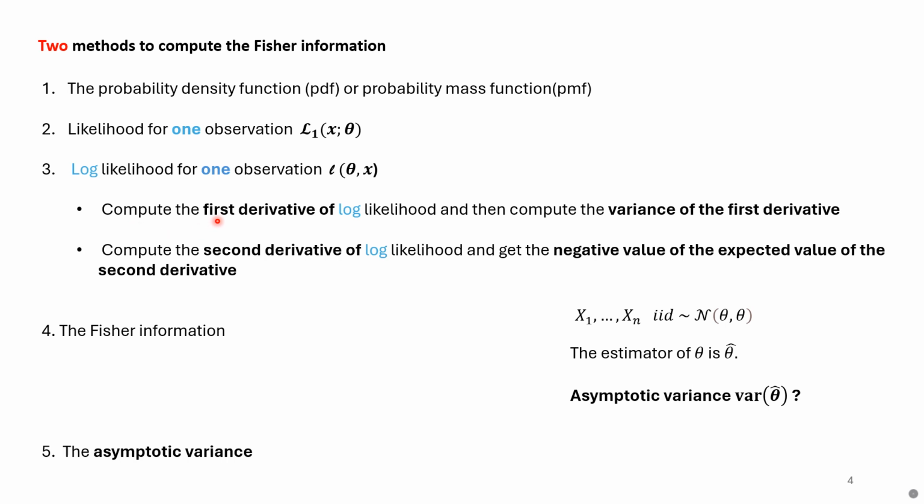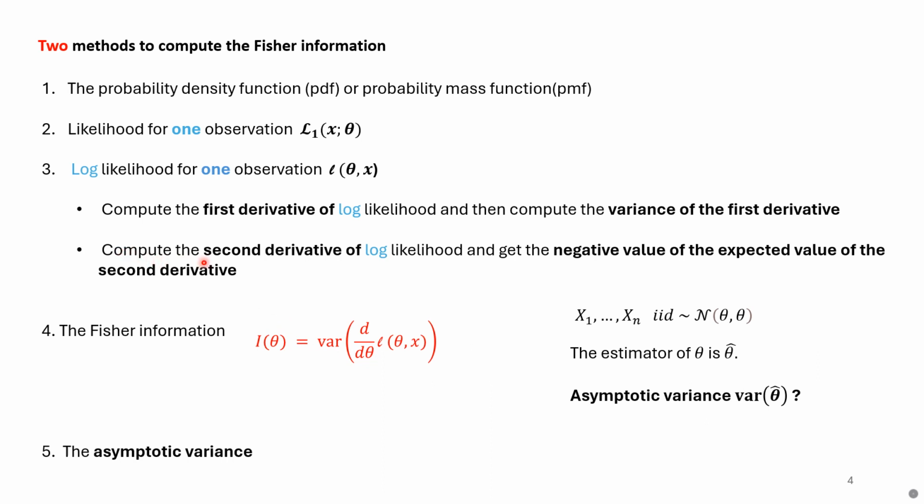So from the first method, we have to take the first derivative of the log likelihood and then compute the variance of the first derivative. So then the Fisher information is something like this. It is I of theta equals variance of the first derivative of l with respect to theta.